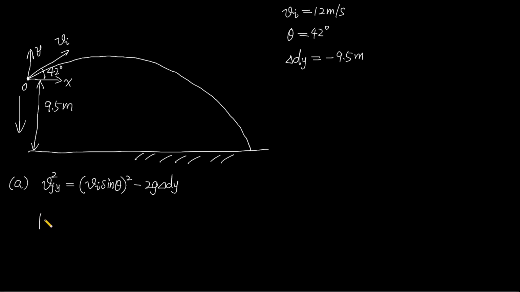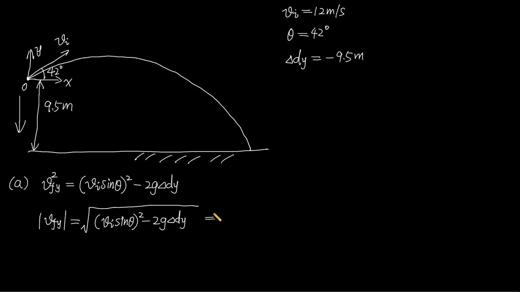So the magnitude of the final vertical velocity equals the square root of the initial velocity multiplied by sin theta, squared, minus 2 multiplied by g multiplied by the vertical displacement.